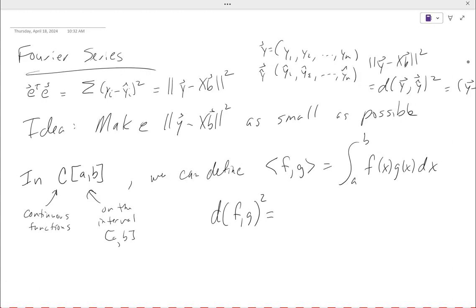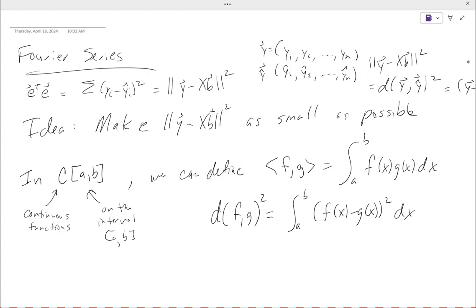I would do the inner product of the difference of those two functions with itself. That's how I would find the distance between those two functions. Notice it's the same idea, right? But it's not Euclidean anymore, it's functions, okay?